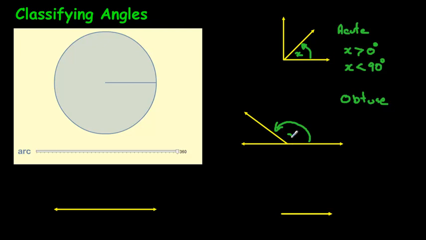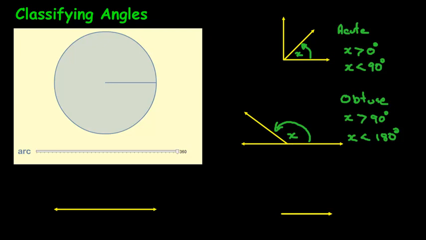So if we call this X, we now have X bigger than 90 degrees, but it is less than a straight line, or 180 degrees.